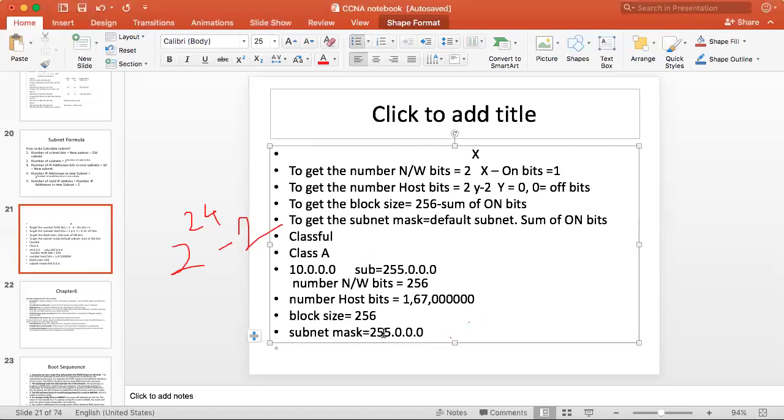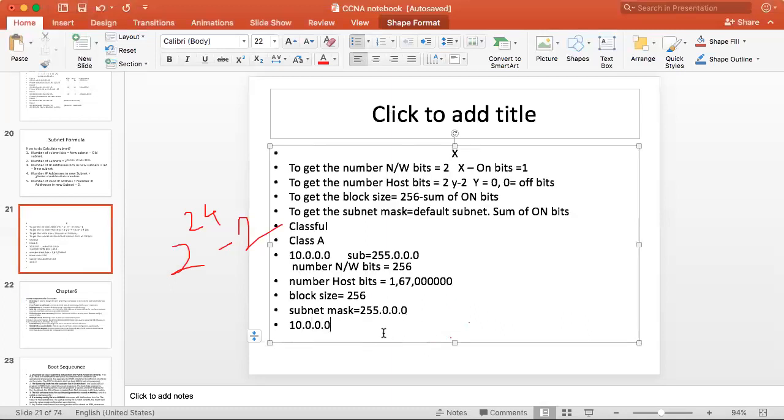Now the rule is the first IP of this network will always be the network address. Like 10.0.0.0, this is the first IP, so this will be called the network address.